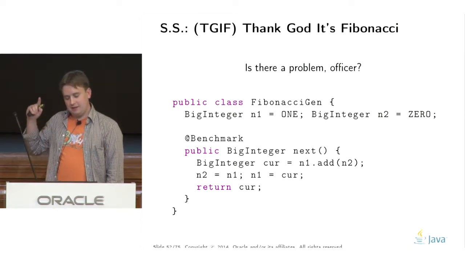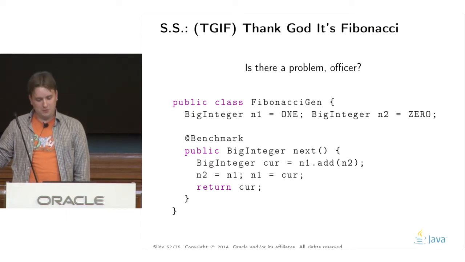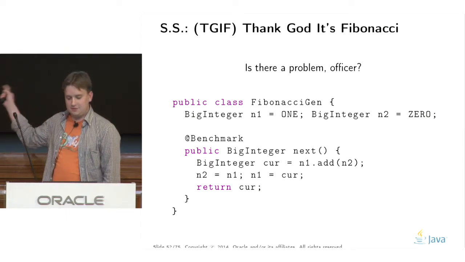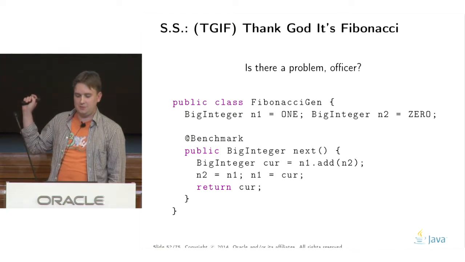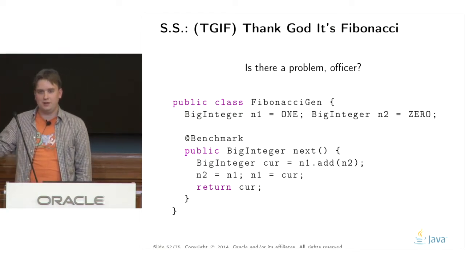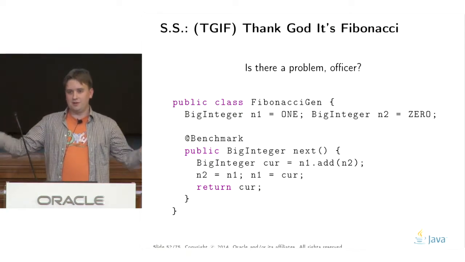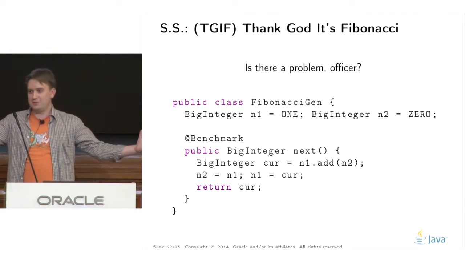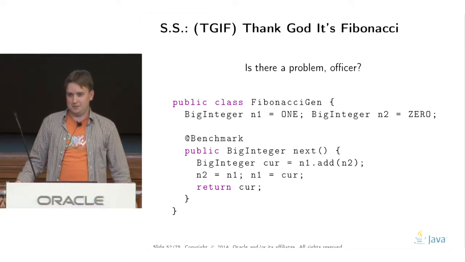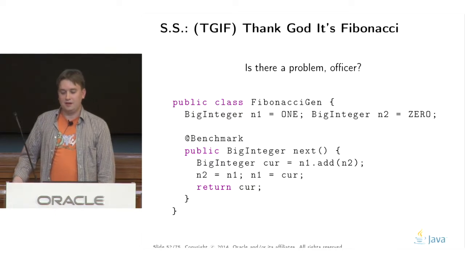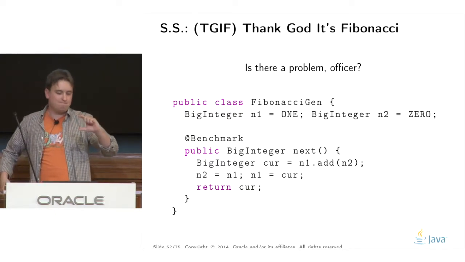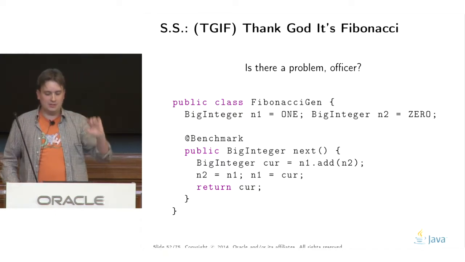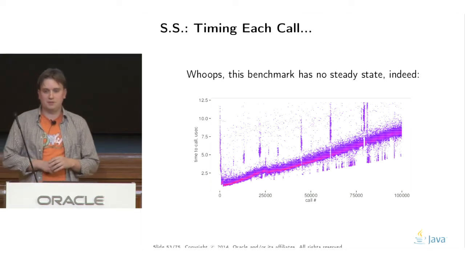And our Fibonacci is growing very fast, and on every single invocation of next, we have a BigInteger add, which adds larger and larger and larger BigIntegers. So this benchmark does not have steady state. And indeed, if we try to time each next call, we will see something like this.